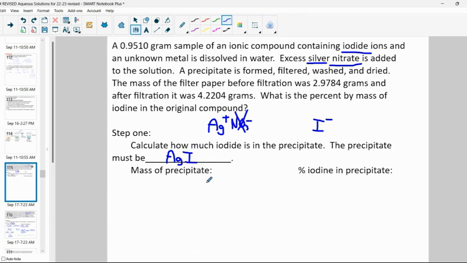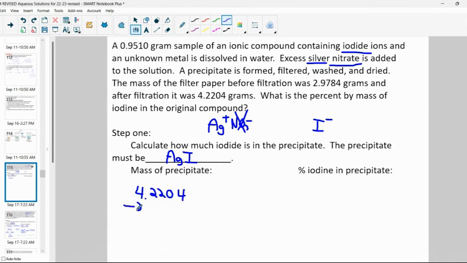Next up, what do we do with this? Well, let's figure out how much of our precipitate was actually formed. The way that we do that is we look at our filter paper. We see that the mass of the filter paper plus our precipitate is 4.2204.